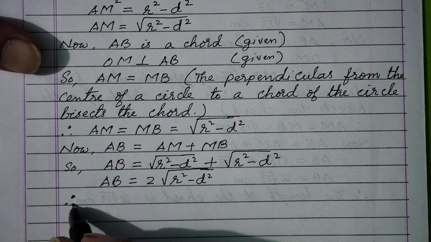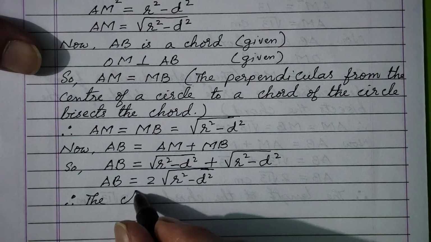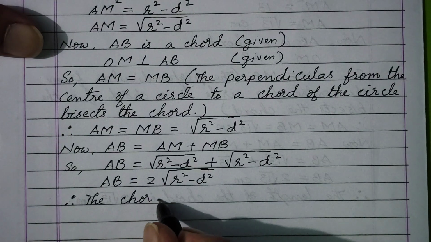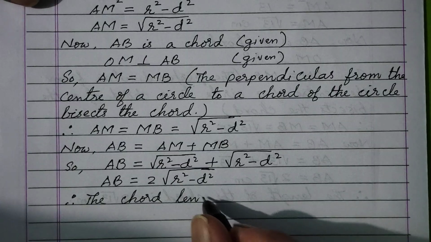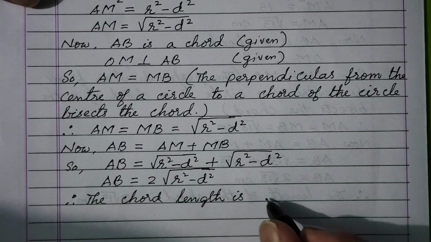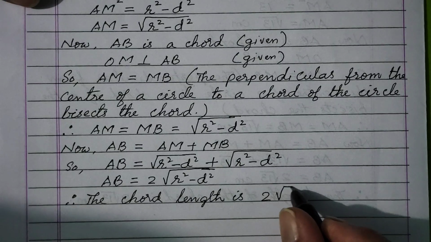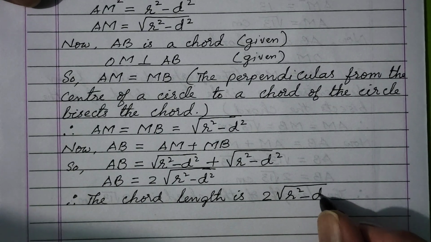Therefore, the chord length is 2 root r square minus d square.